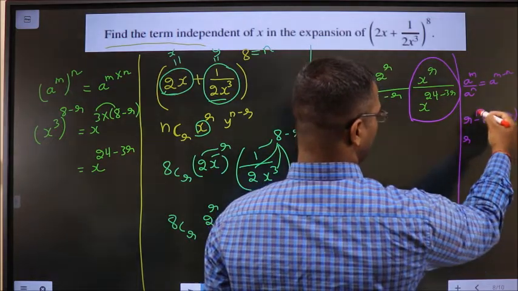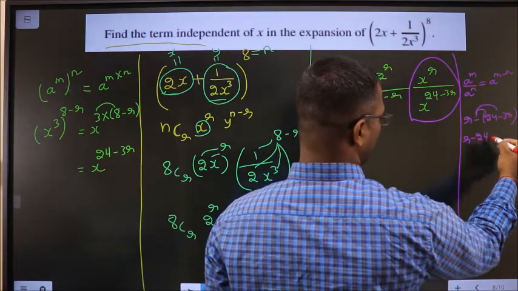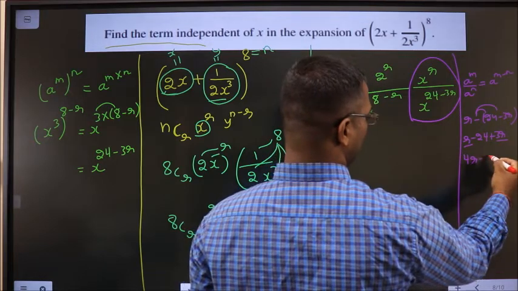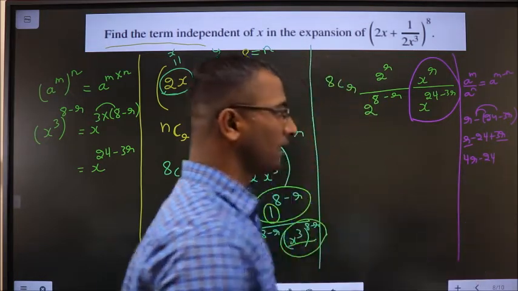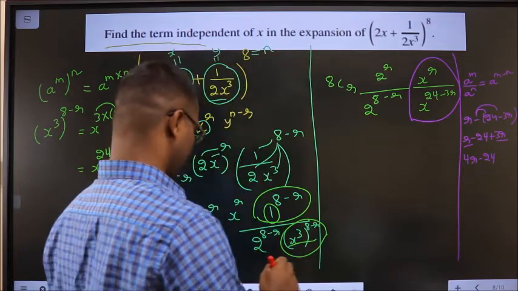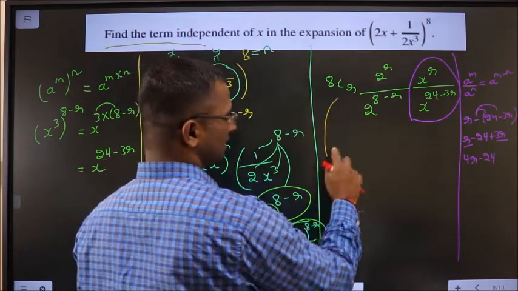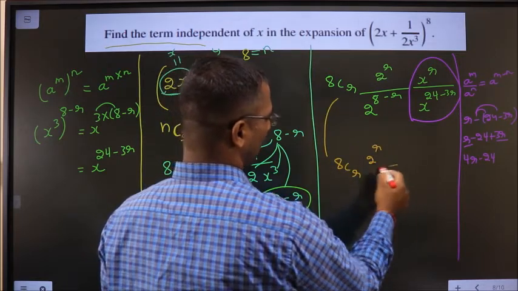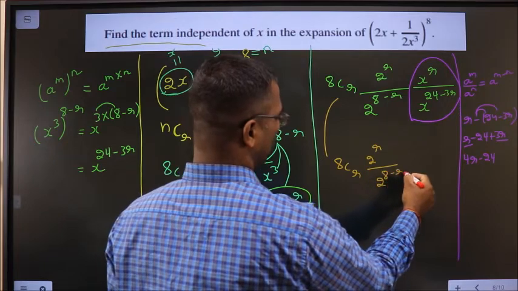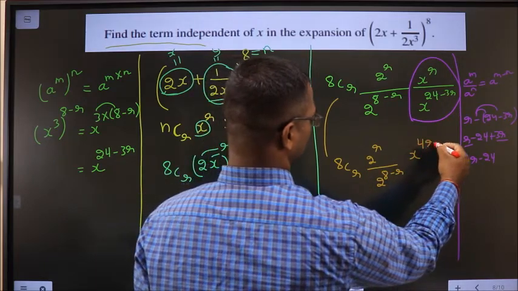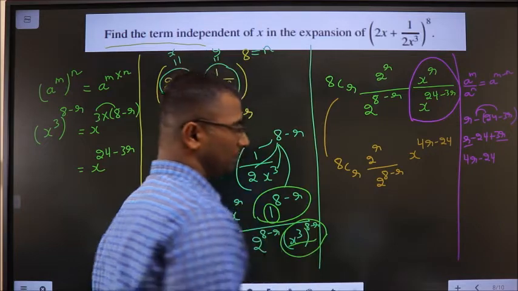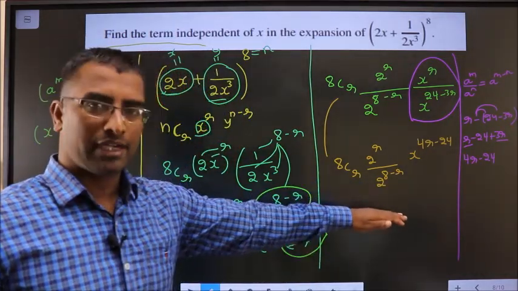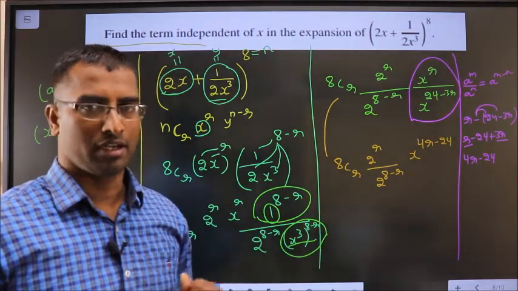Now multiply with the negative sign, so minus 24 plus 3r. r plus 3r will be 4r. Clear? Now, this will change to 8Cr 2^r by 2^(8−r) x^(4r−24). Okay. Now, this cannot be simplified further, so I stop here.